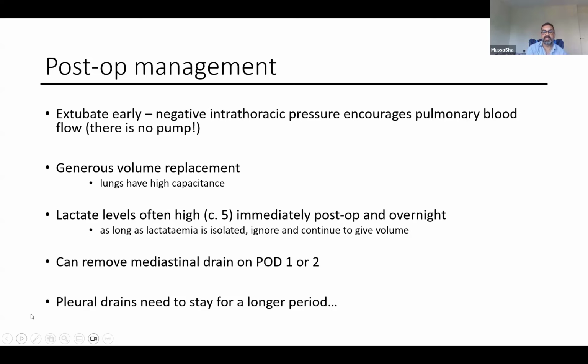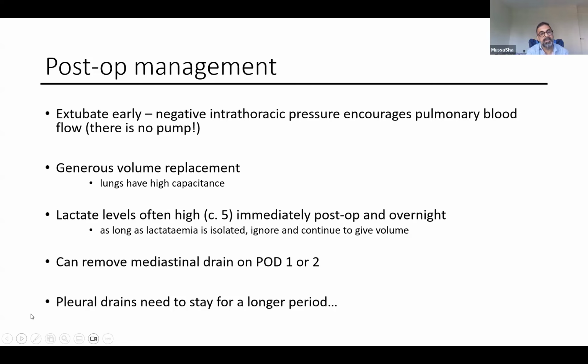When you first start looking after congenital cardiac patients, you'll notice that the lactates following Fontans are quite high, 4, 5, 6, 7 sort of range, which is much higher than you'd want in a normal situation, but it's acceptable in a post-op Fontan. And by the time you've got the volume status of the patient right, it seems to correct itself overnight.